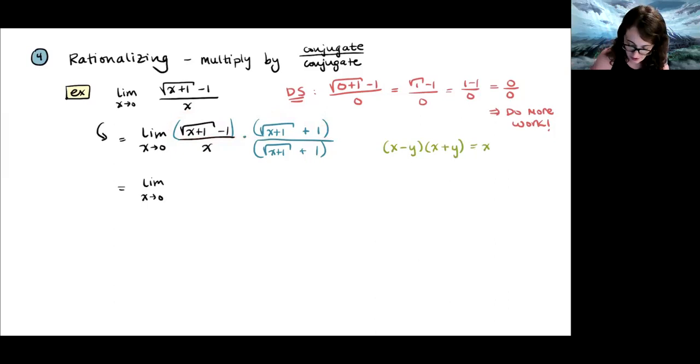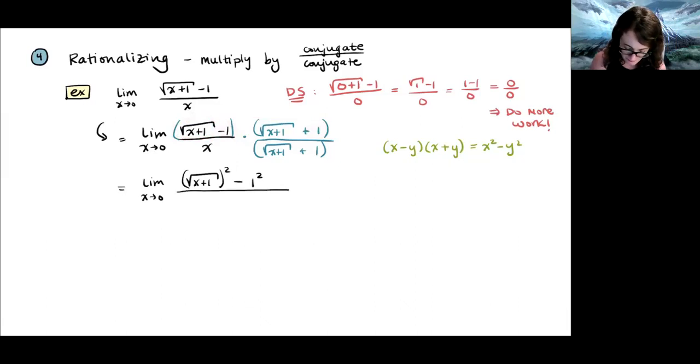So this will be x squared minus y squared. Okay, so what this will end up being, we're going to square the first thing. We square the second thing, the 1, and then we always have a minus in between.